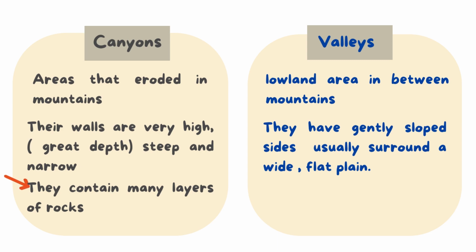So canyons have 3 points: an area that is rooted in mountains; their walls are very high, steep, and narrow; they contain many layers of rocks. But valleys are a lowland area in between mountains. They have gently sloped sides, usually surrounding a wide, flat plain.